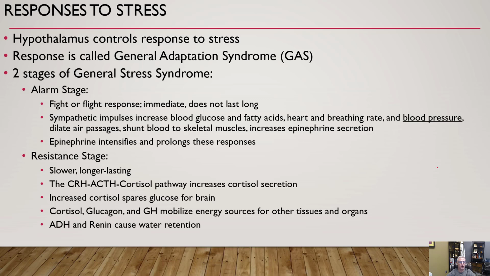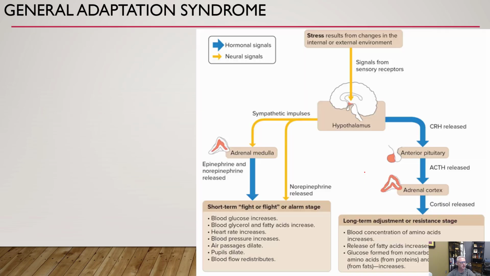You can see here in the alarm stage, stress from changes in the internal or external environment. Signals from sensory receptors stimulate the hypothalamus. Sympathetic impulses to the adrenal medulla cause the release of epinephrine and norepinephrine. Sympathetic impulses directly induce the release of norepinephrine.